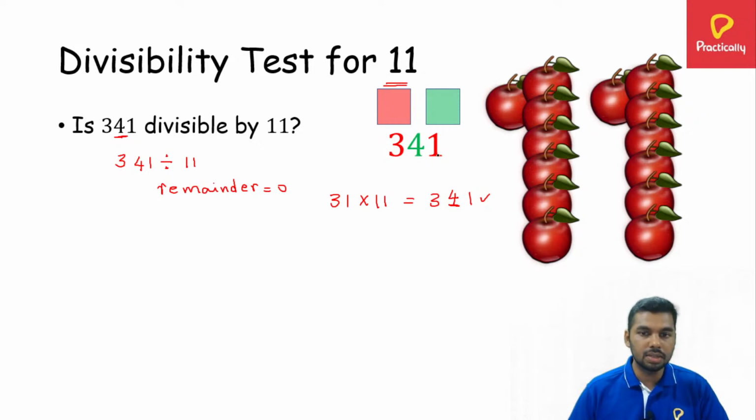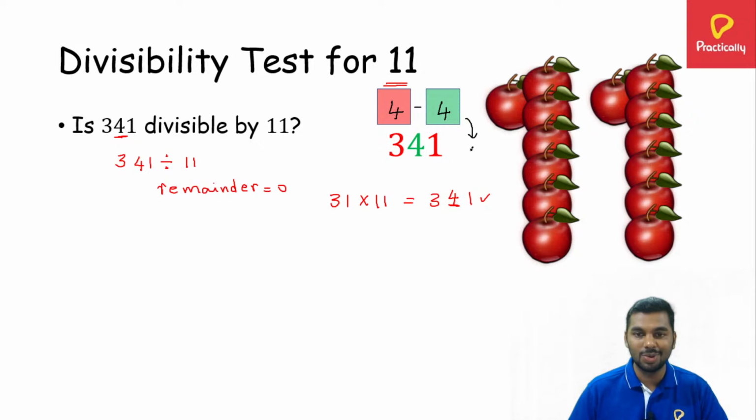Now what you have to do is add all the reds. What is the sum of the reds? 1 plus 3, which is 4. So I'll write the answer 4 in the red box, and there is only one green, so I'll just write 4 in the green box. Now subtract the two. 4 minus 4.